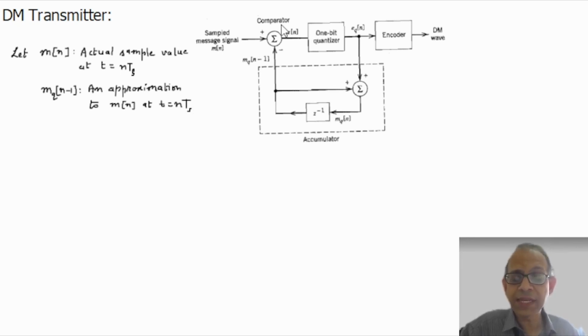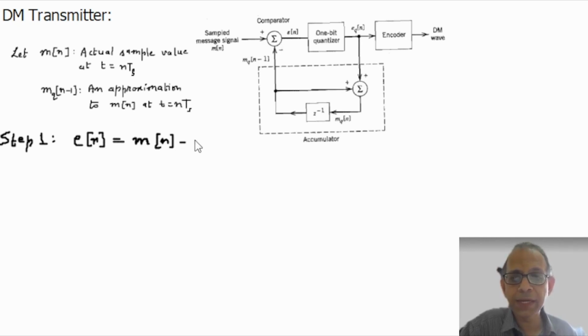Now, the first step in DM wave generation is to compute this error signal e[n]. So step 1 is to generate the error signal e[n], the difference between the actual sample value and the approximated value.